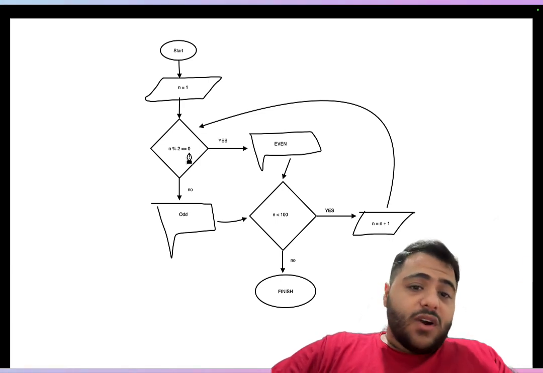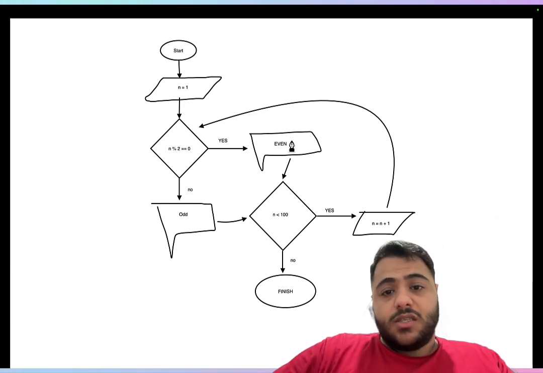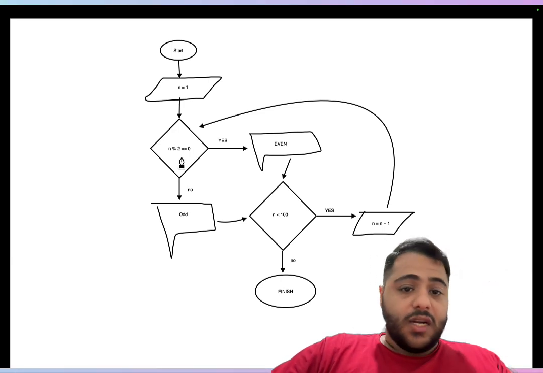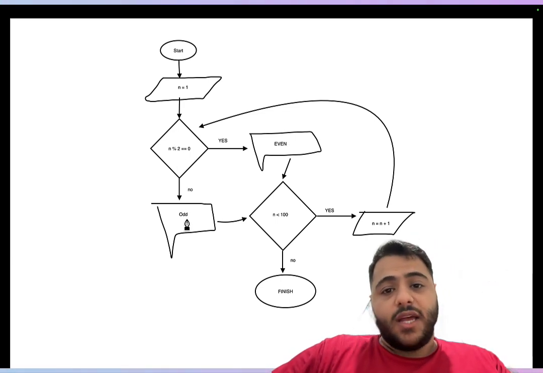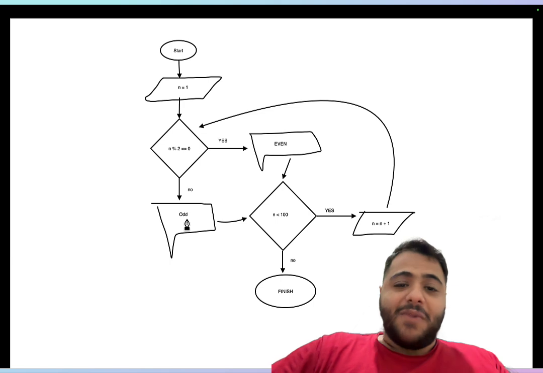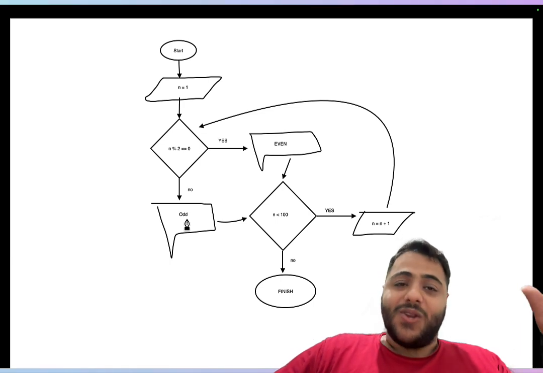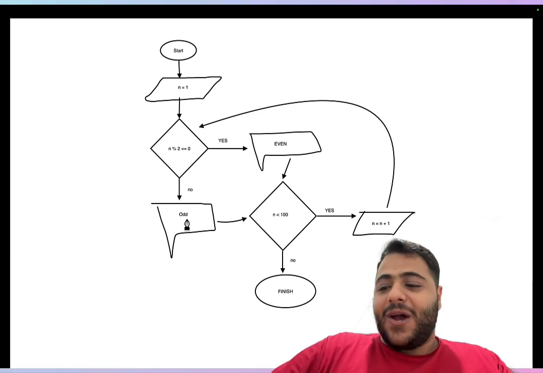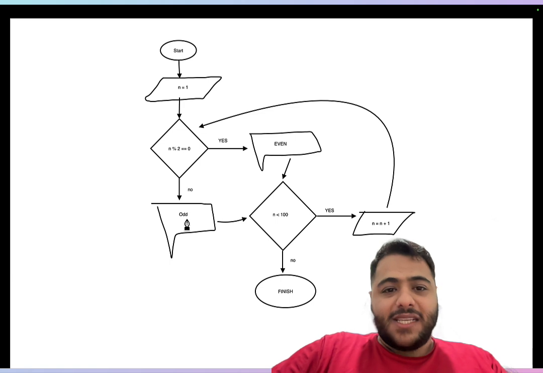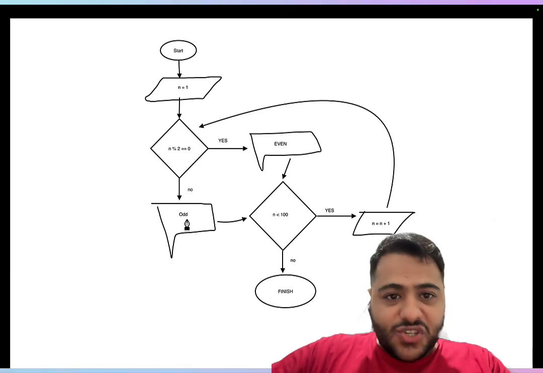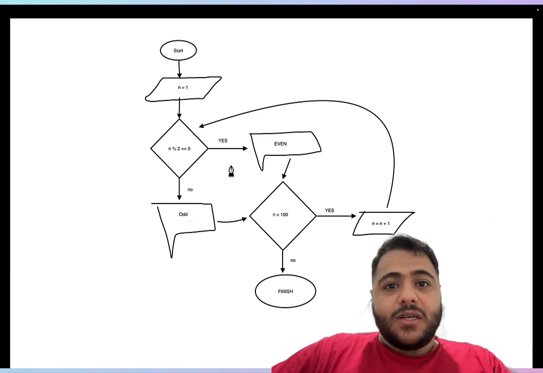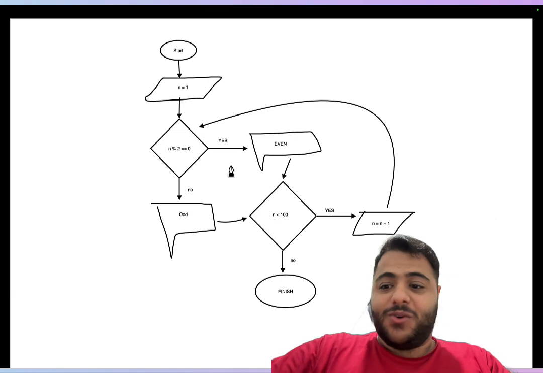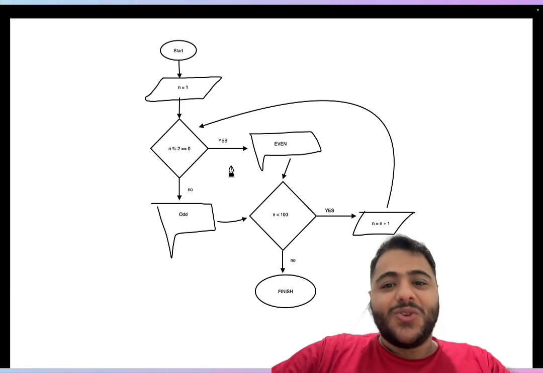If it is divisible, it is certainly even, but otherwise it's odd. We know that. That's basic mathematics. If you do not know that, you must blame your maths school teacher.